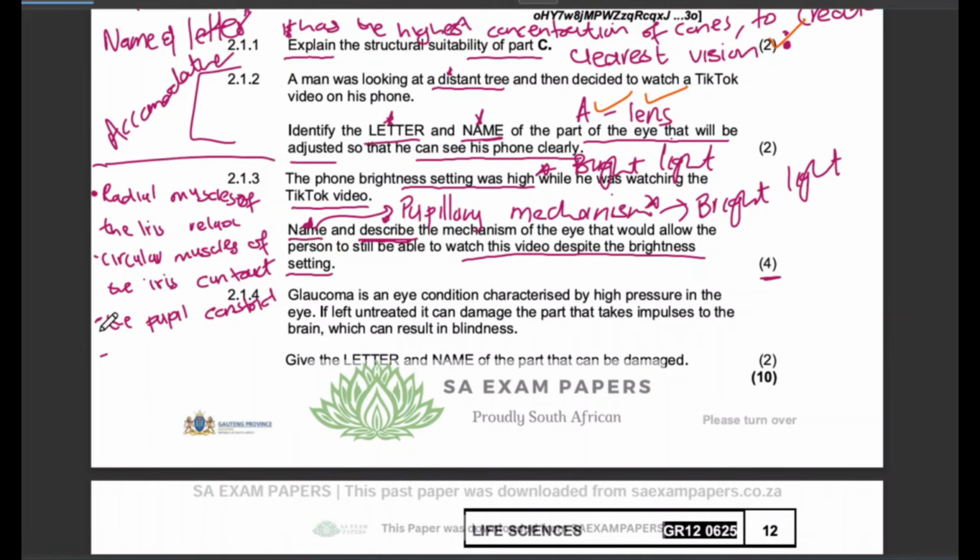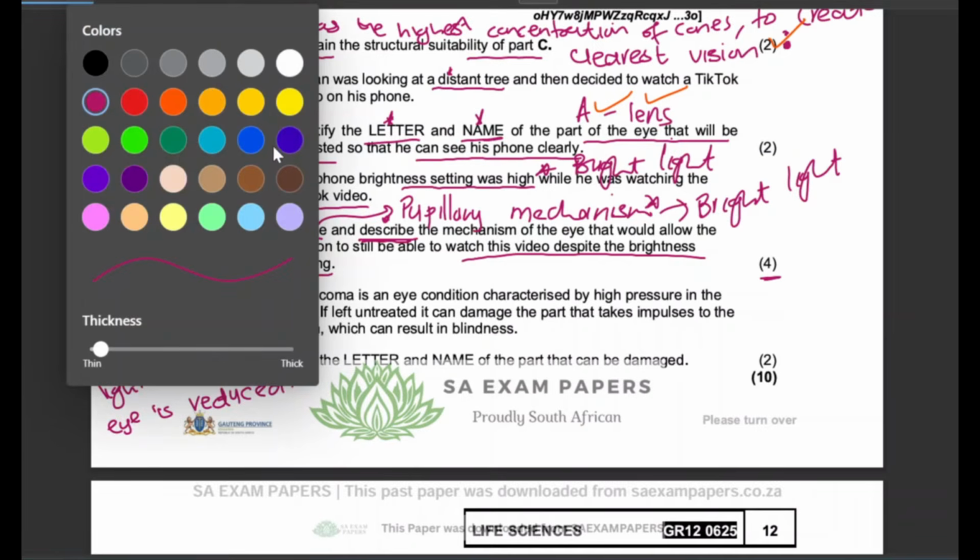And what will happen to the amount of light that is entering the eye? It is going to be reduced. So that means the amount of light entering the eye is reduced. How will they mark this? Let me show you quickly.